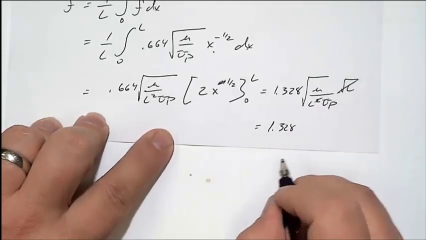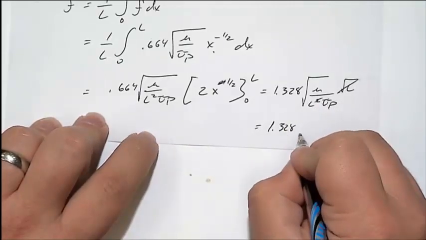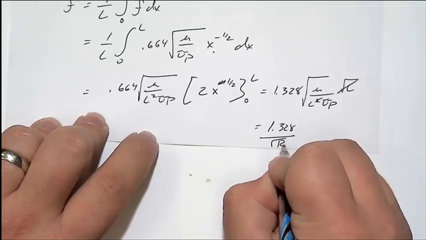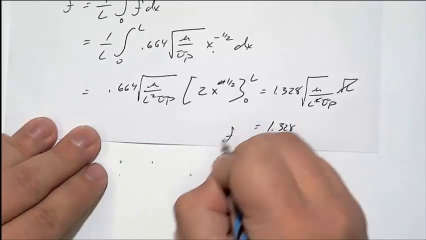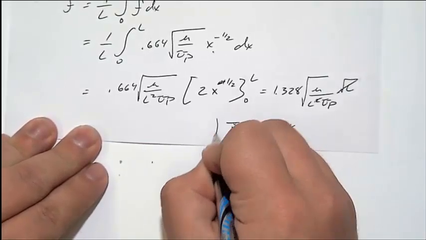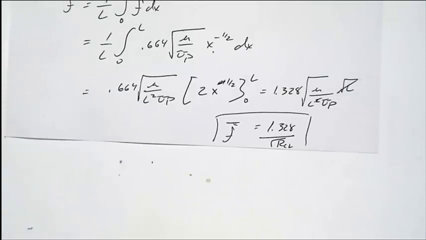So one left is 0.328. Once again, this is now a Reynolds number. Square root Reynolds number with respect to length. This is now my average friction factor.